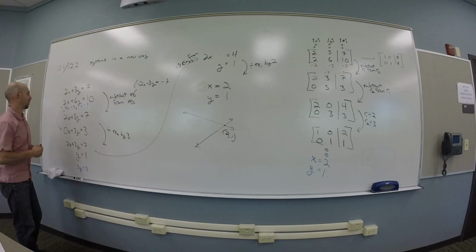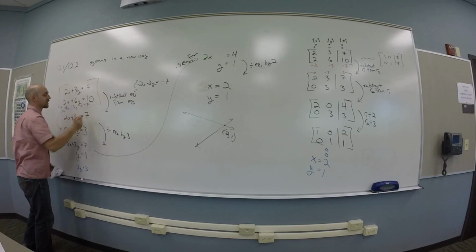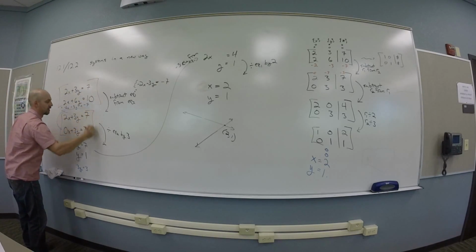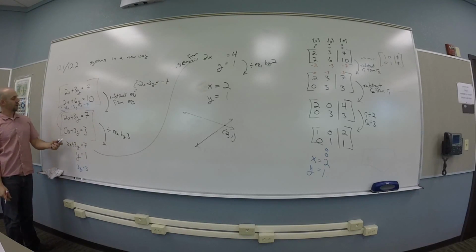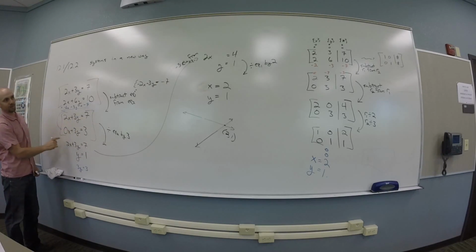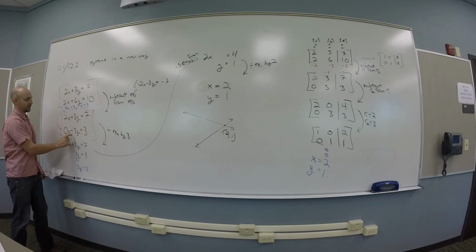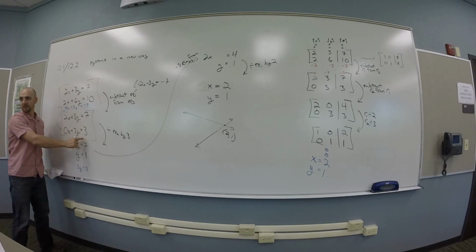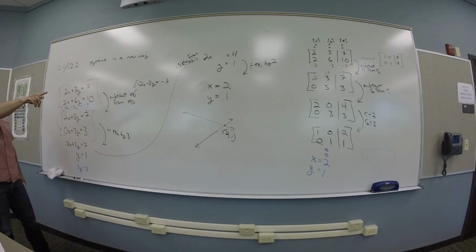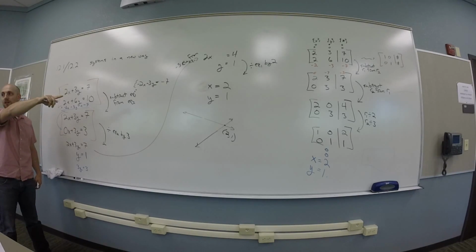So if I thought about, all right, I started with this guy, and I got to this guy. Please note, if you read just the numbers off of this, you got 2, 3, 7, 0, 3, 3. That's exactly the same as the thing you have at the middle stage over there.